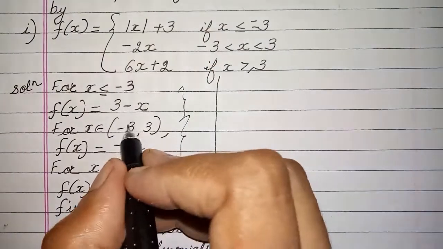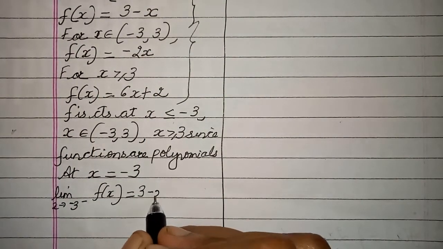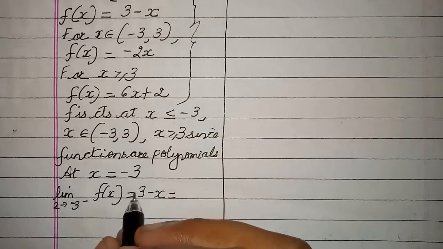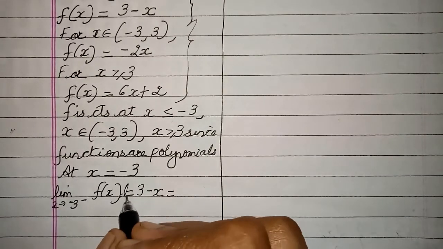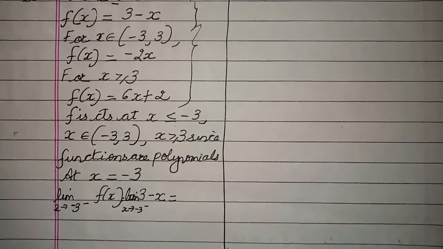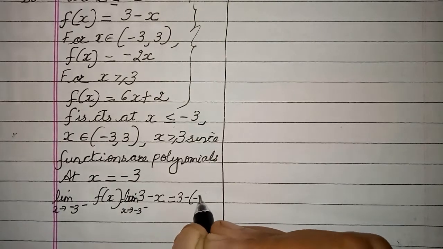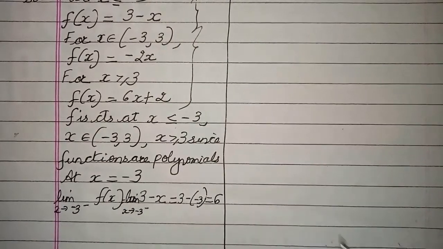So this definition, that means 3 minus x. Limit as x tends to -3 minus. So it is going to be 3 minus of -3, that is going to be 6.